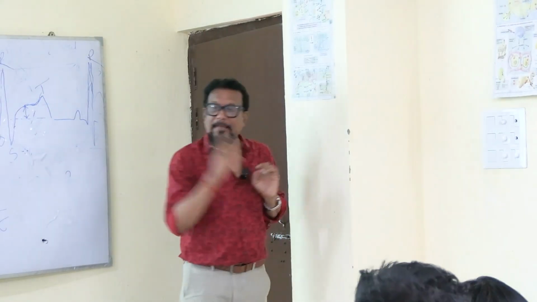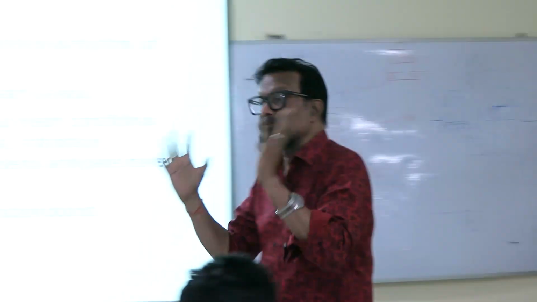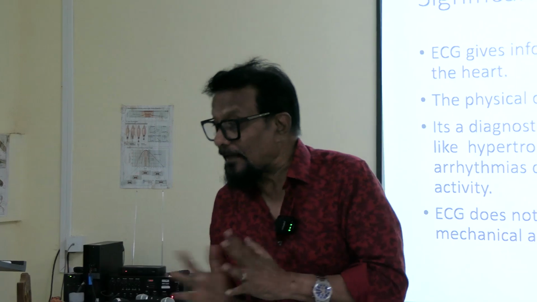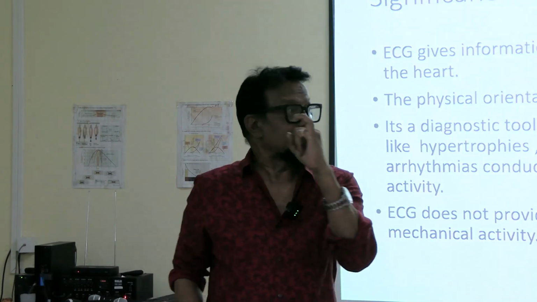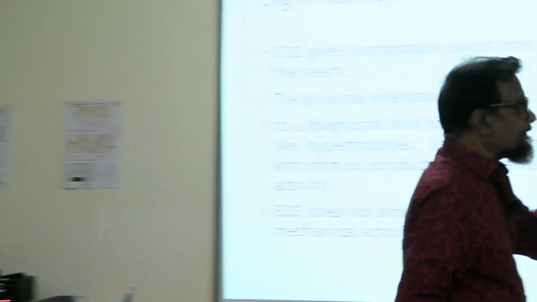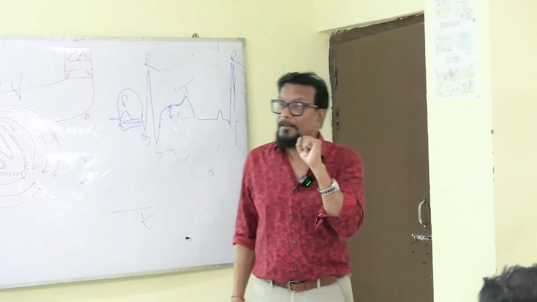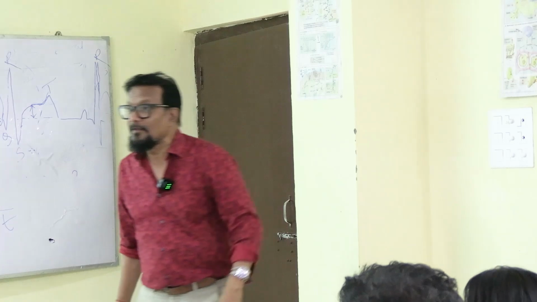This vessel became narrowed. Why? Because of atherosclerosis or arteriosclerosis. Because of atherosclerosis, the vessel became narrowed. As a result, what will happen? Less blood, less oxygen will be supplied to this.